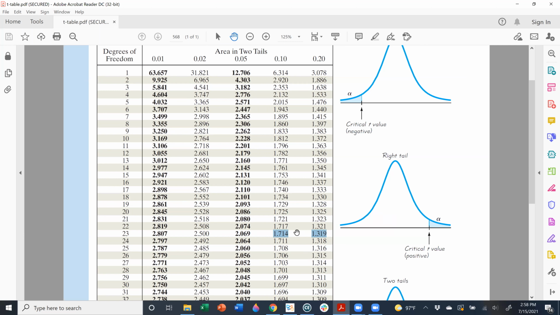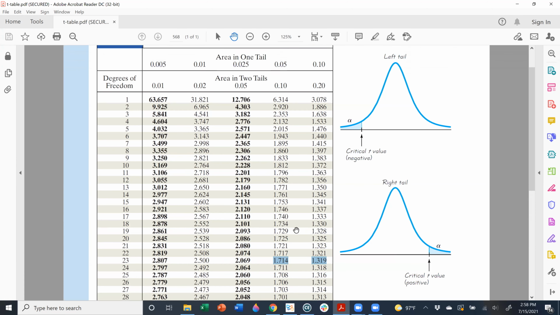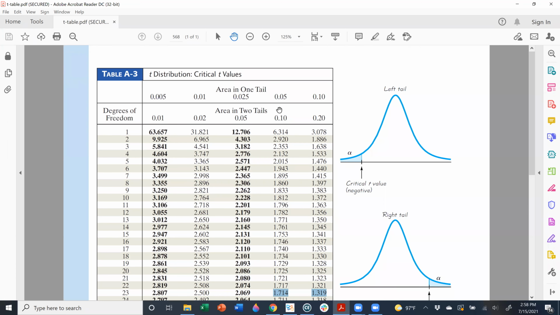And so because it's in between those two, I have to go up and see what is the one tail area. It's between 0.05 and 0.10. That's the best that this table can do, which is not good enough to answer our homework questions. It's good enough to answer the whole hypothesis test, but the homework wants specific p-values. So anyways, I'm going to write that down as it's between 0.05 and 0.10.